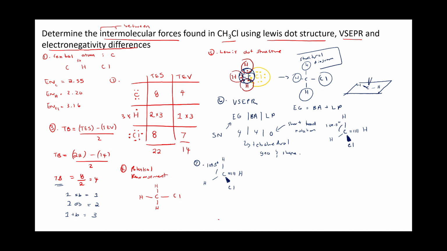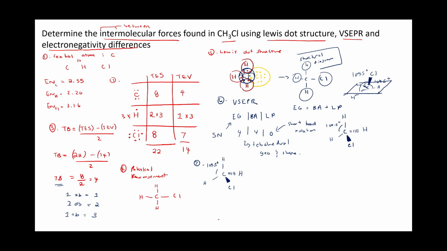One of the bonds is coming out of the flat surface, which is shown by the darker wedge here. And the other bond is going into the page. It's kind of like poking a hole in the page, going below the page, and it's there, right? And this angle here is 109.5 degrees. Each angle, if you were to measure it, should be 109.5 degrees. Like this angle here would be 109.5 degrees. Okay, it's not too clear.